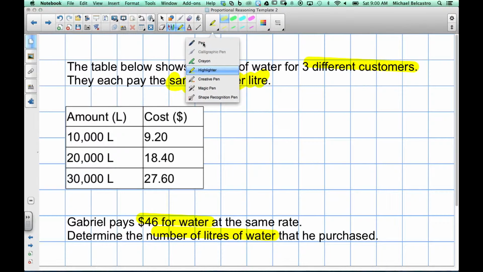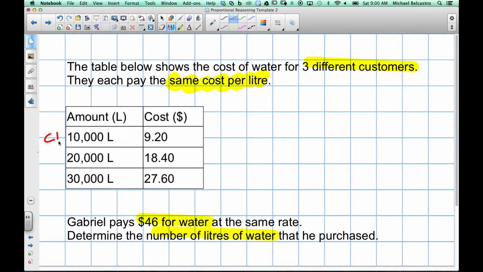Okay, so on our table we have our customers. We'll call them customer 1, customer 2, and customer 3. As you'll notice, the measurement they've used is cost per liter.